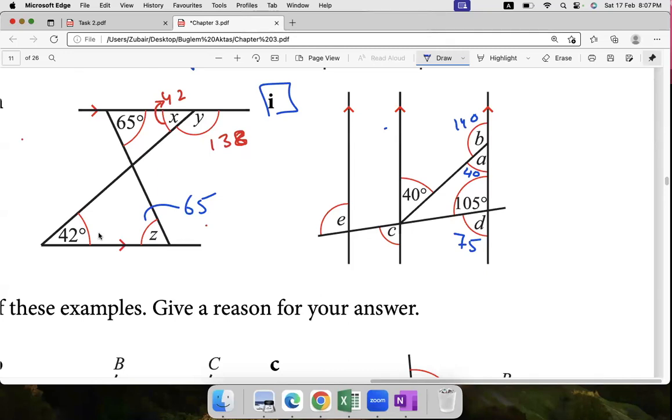Without solving. Recall properties in your mind. Go for C without solving. Okay, let me name them. Can we find something alternate to C? No. Vertically opposite.